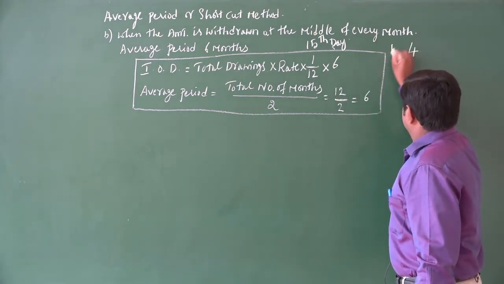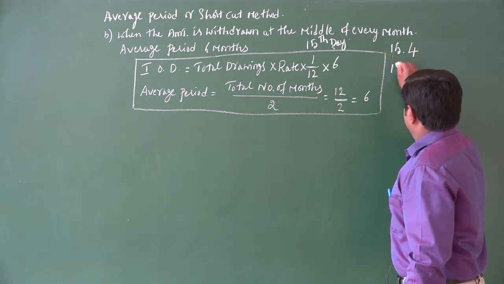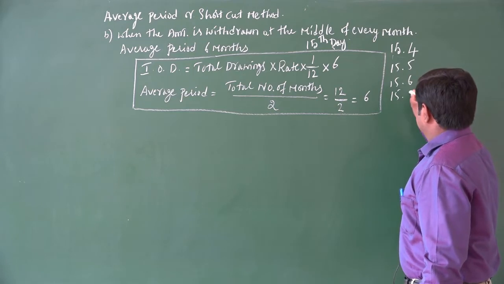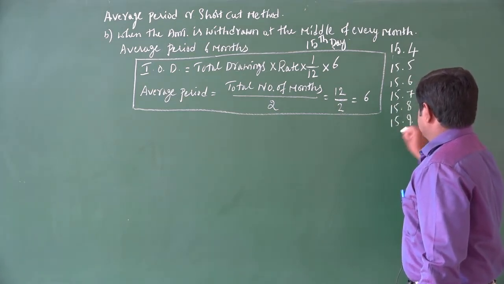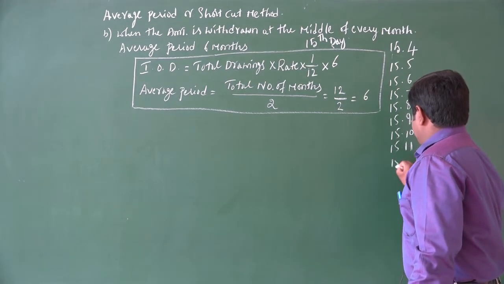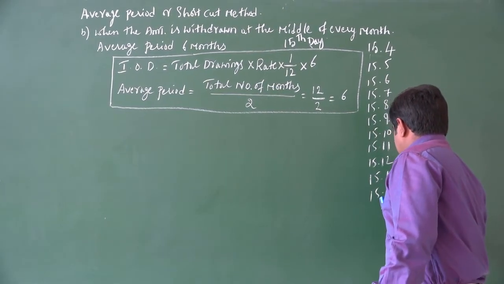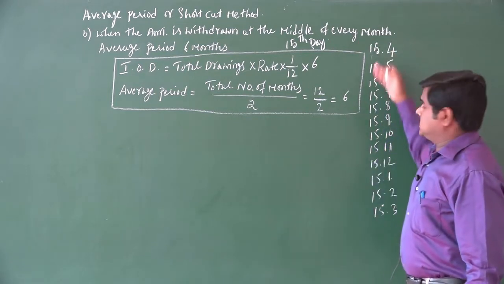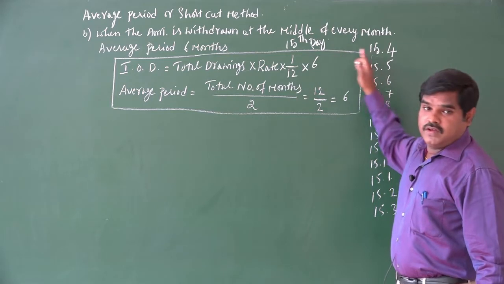April 15, 15th of May, 15th June, 15th July, 15th August, 15th September, 15th October, 15th November, 15th December, 15th January, 15th February and 15th of March. So this is the date of drawing every month, the middle of every month, the 15th day of every month.